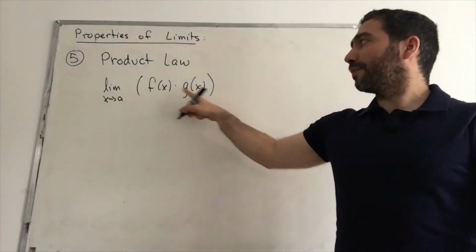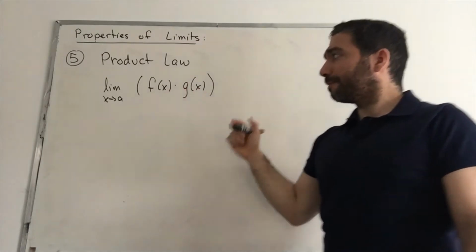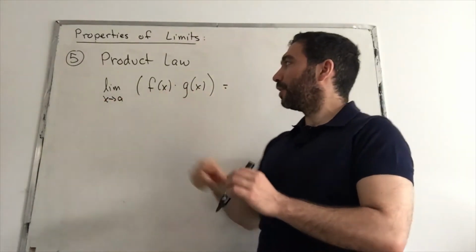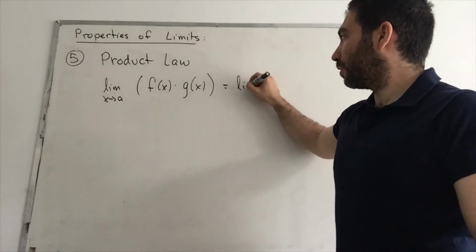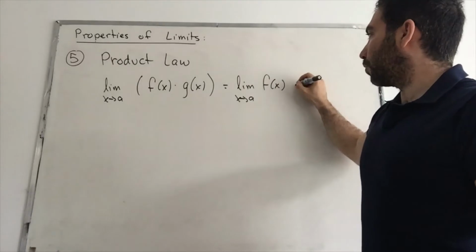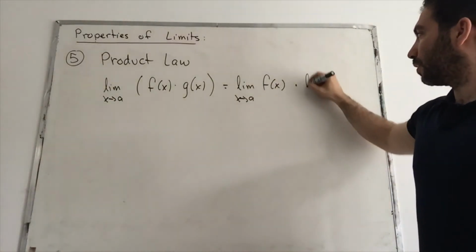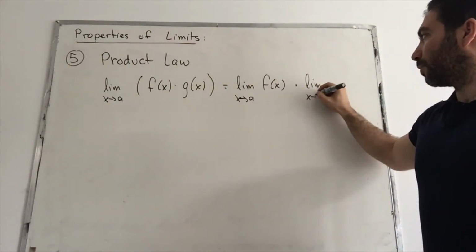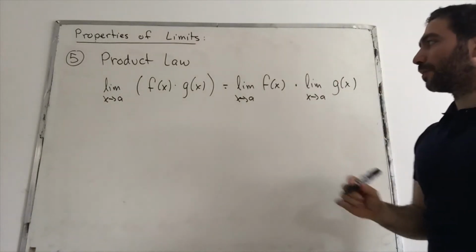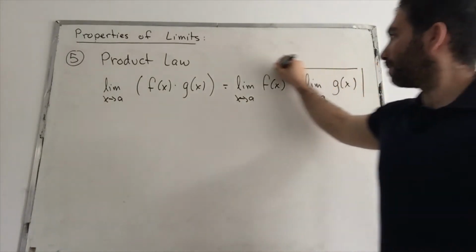So we're multiplying two different functions. Then what we could do is take the limit of each function individually. So we'll take the limit as x approaches a of f of x, and then multiply that answer with the limit as x approaches a of g of x. Okay, so this is our property.